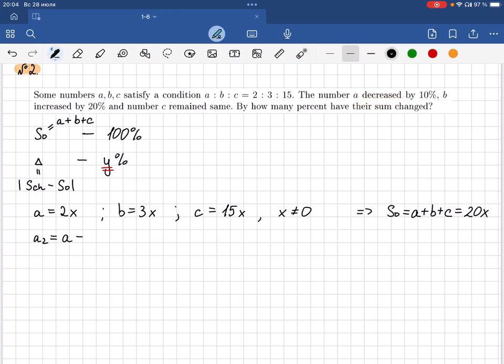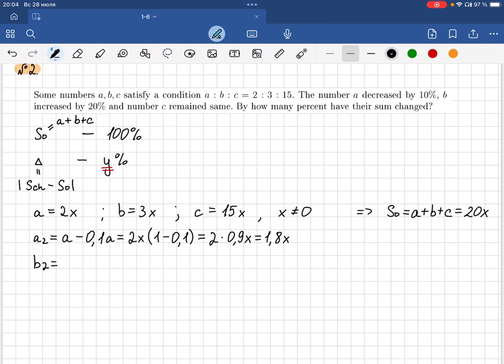So A minus 0.1 multiplied by our initial A. And this 0.1 is just 10 divided by 100, so it's 10% of initial A. Let's substitute here A as 2x. So 2x multiplied by 1 minus 0.1. So it's 2 multiplied by 0.9 multiplied by x, which equals 1.8x.